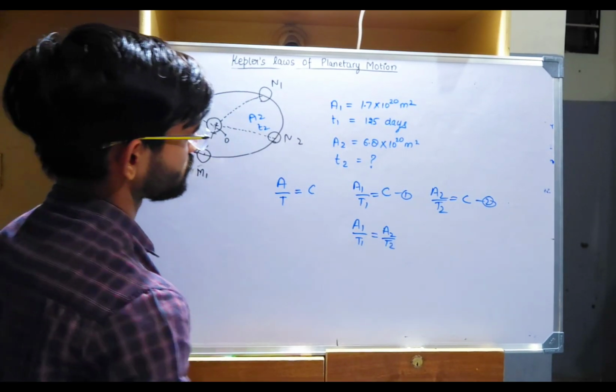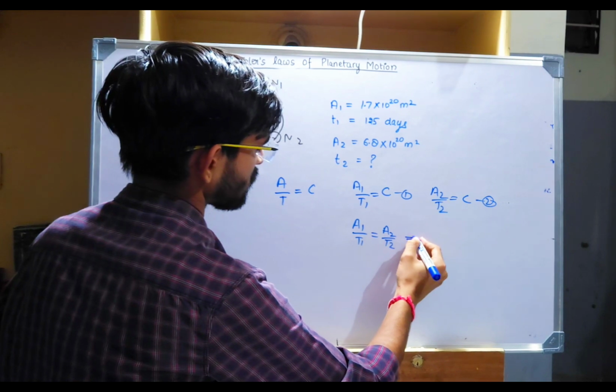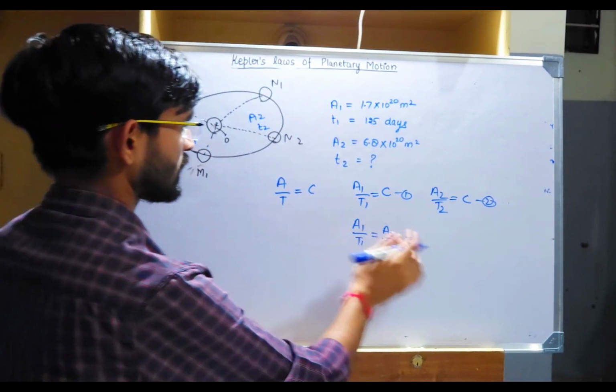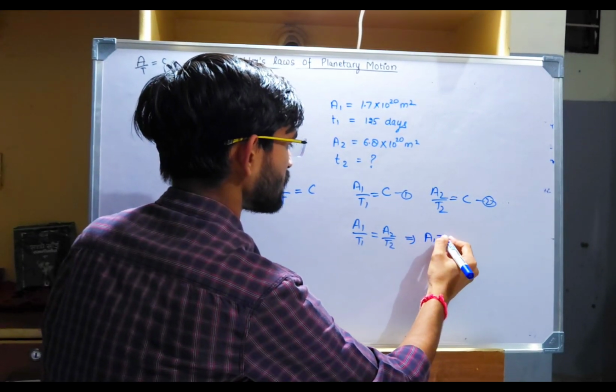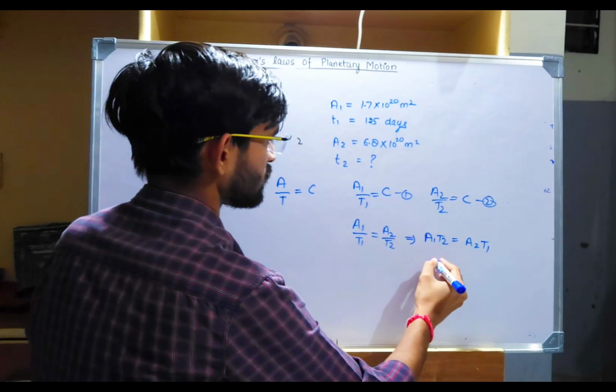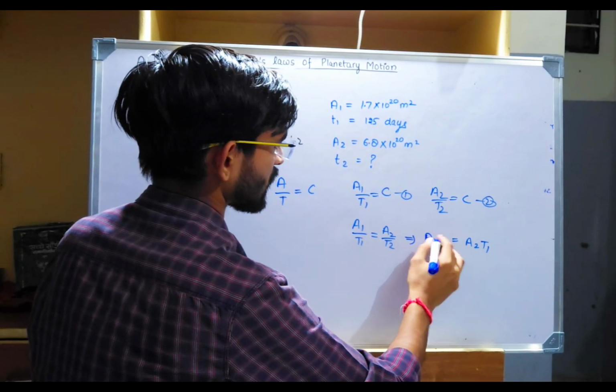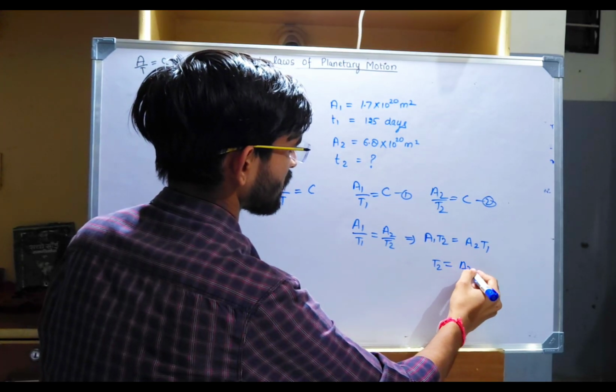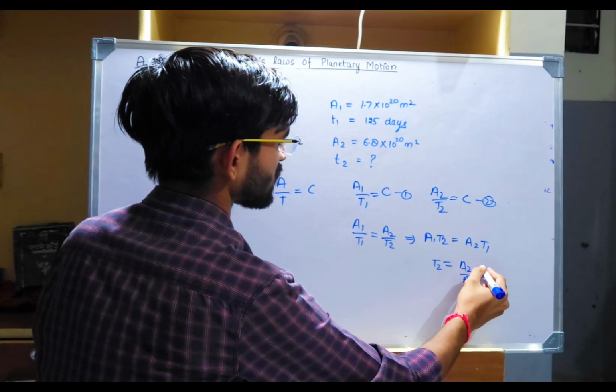We have to find T2, so cross multiply: A1 T2 equals A2 T1. To find T2, take A1 to the right hand side: A2 upon A1 into T1.